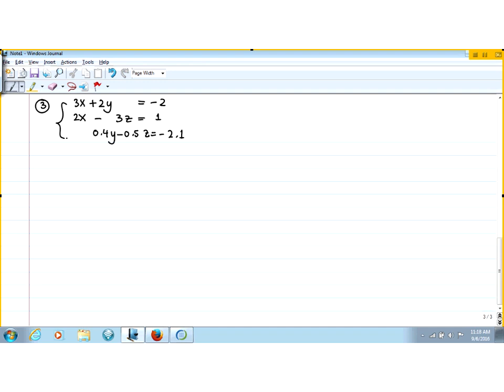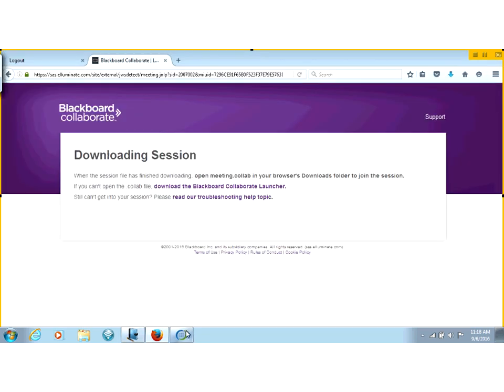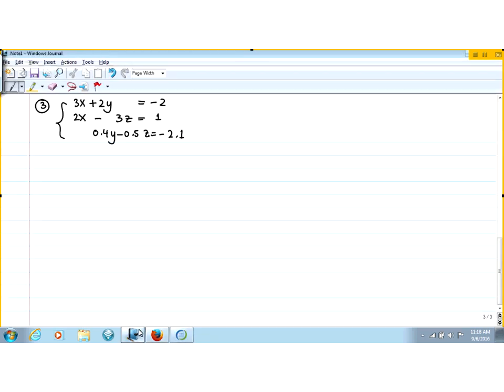So what are you supposed to do first here? What do you think we're supposed to do first? We have decimals here. Do we like decimals? Okay, so now we will clear the decimal. How?